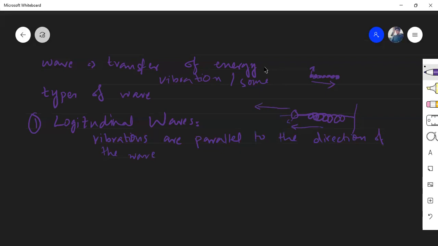Second thing is the transverse waves. Transverse waves are the waves where the vibrations are perpendicular to the direction of energy transfer.